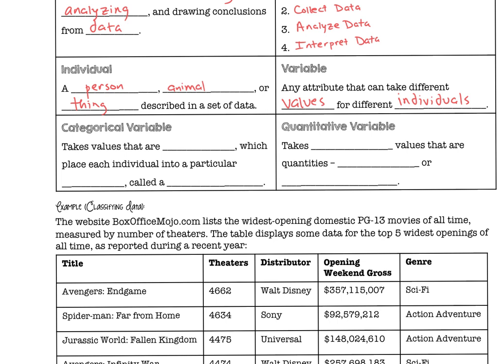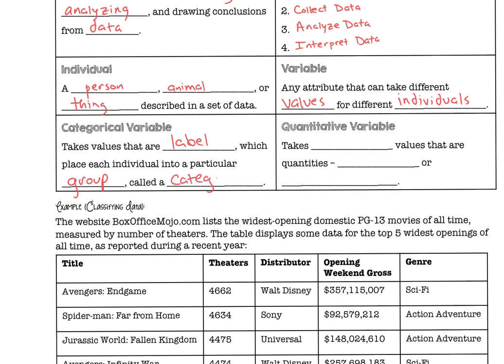And categorical is any value that can take on a label that describes a group of individuals, or simple individuals, but they're labels that place each individual into a particular group or simply a category.